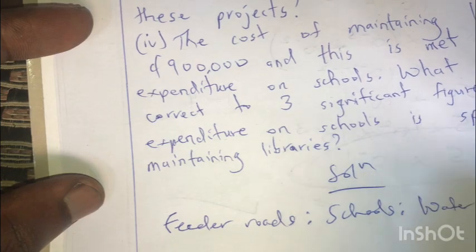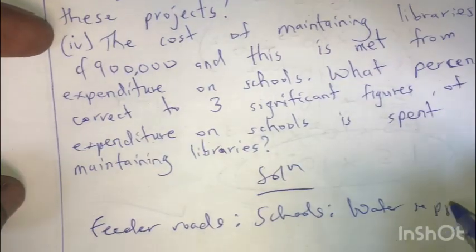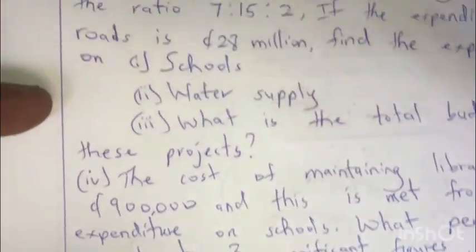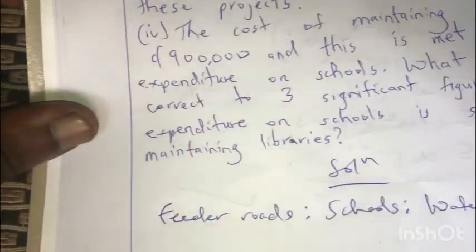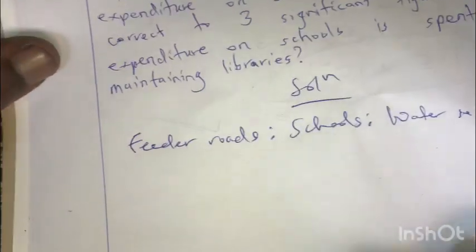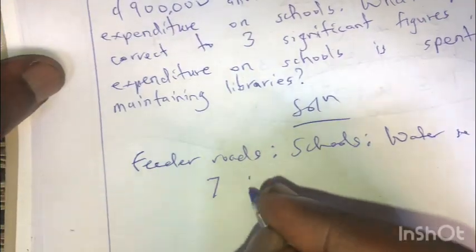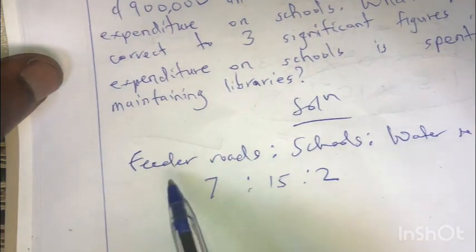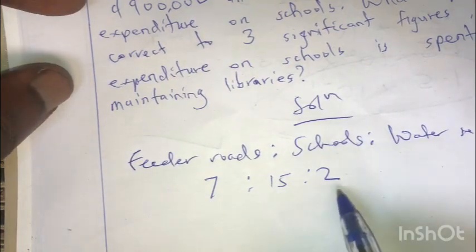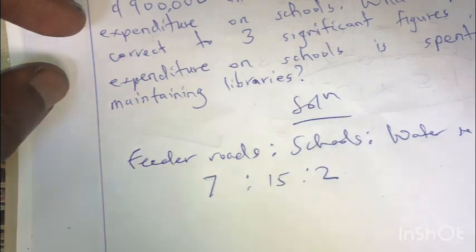Water supply. And from the question, what was the ratio? 7:5:2. It means that the 7 is for the feeder roads, the 5 is for the schools, 2 is for water supply.